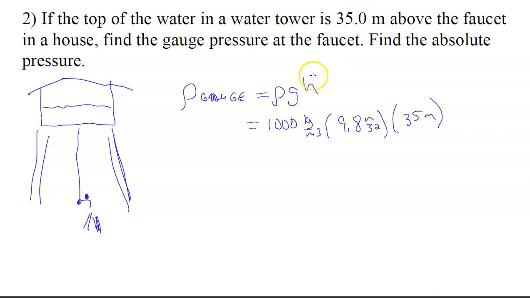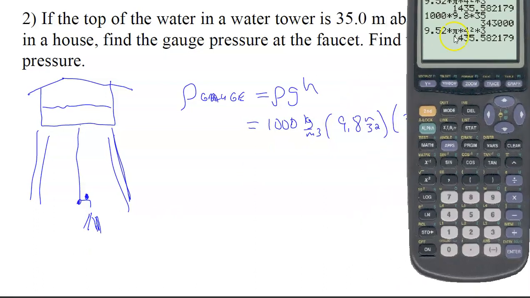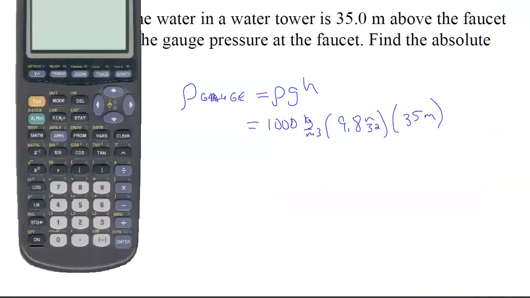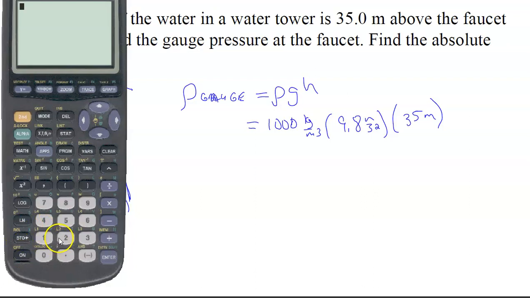Now when I punch this thing up, I'm going to have 1,000 times 9.8 times 35. I'm going to get 343 somethings.